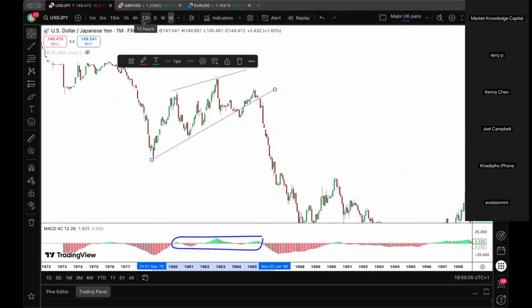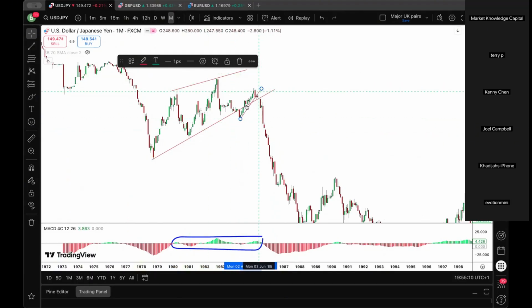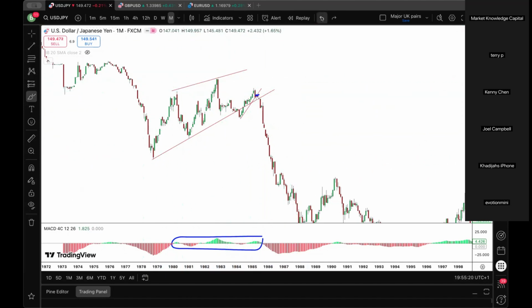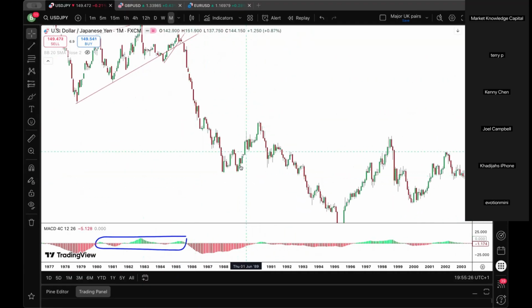Let's start looking for entry points. So I'd go into the 4 hour or the 1 hour, I'd identify that trend, and once it breaks the trend, do you know where my entry is going to be? Right there. So I'm actually entering before it's broken this bigger corrective formation. And what has it done? As you guys can clearly see, it's gone all the way back down there again. It's done another correction.